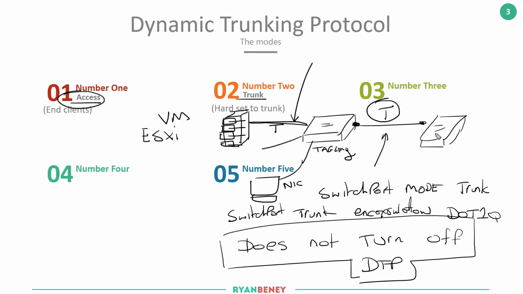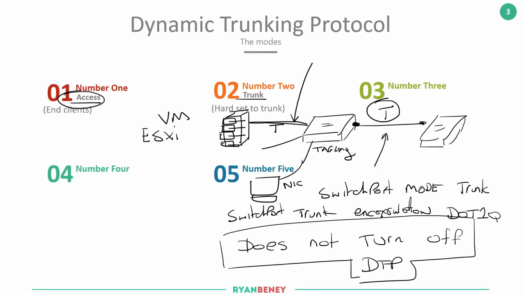Now the reason I'm highlighting this now is because in the previous video that was something we didn't go into, because I didn't want to add confusion to trunks and access ports. But it's important that you understand that trunks and access ports, even though 9 out of 10 times they're assigned where they should be assigned, i.e. access to clients and trunks to switches, it is possible to do the opposite. The only thing you need to keep in mind when we're configuring these is access ports mean a single VLAN, trunk ports mean multiple VLANs.